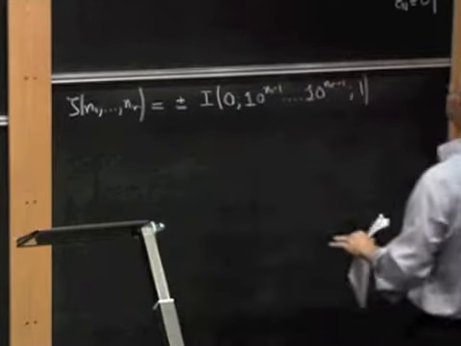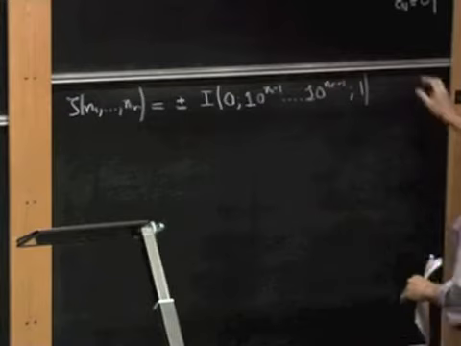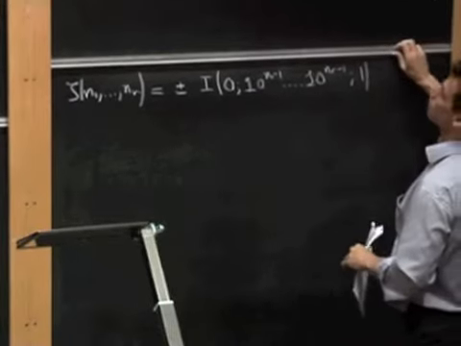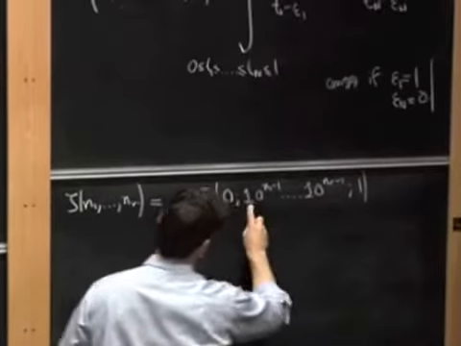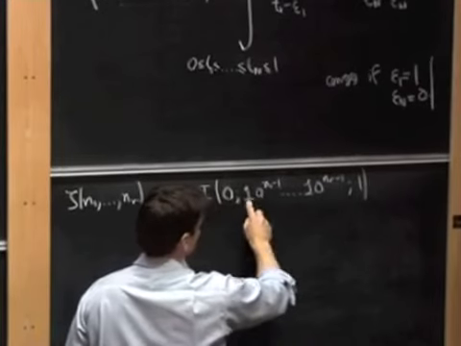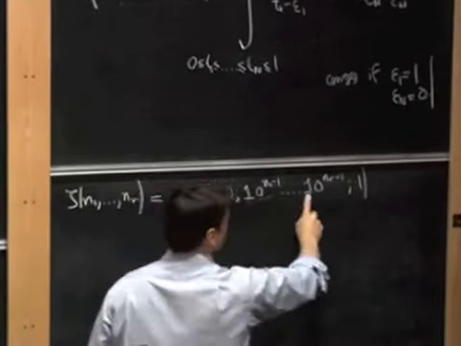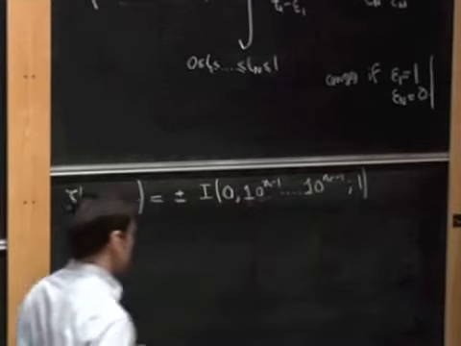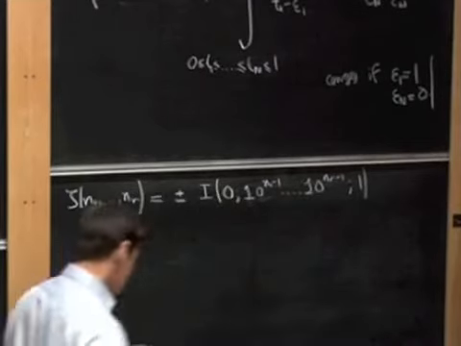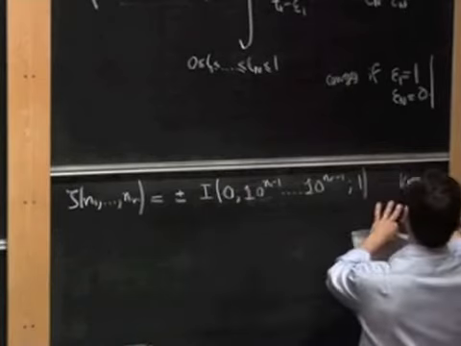So I hope I haven't got my indices backwards. I think that's correct. So here, when I write 1, this isn't 10 to the power something. This is a 1 followed by a sequence of n1 minus 1 zeros, and so on up to a 1 followed by a sequence of nr minus 1 zeros. So this is due to Kontsevich, this calculation.